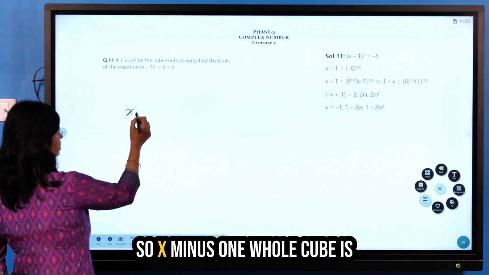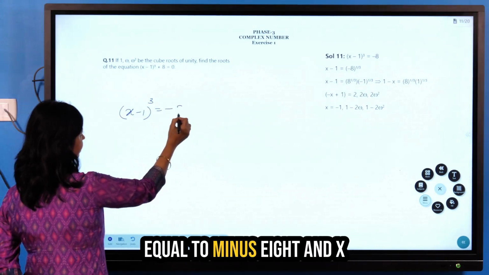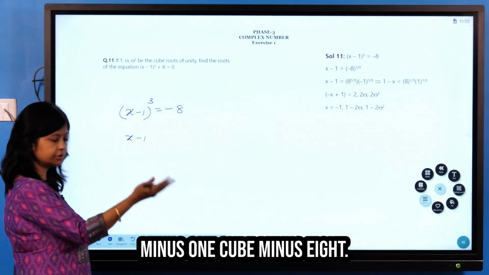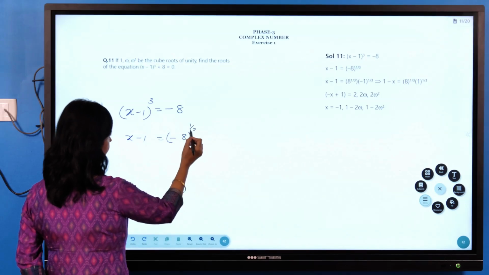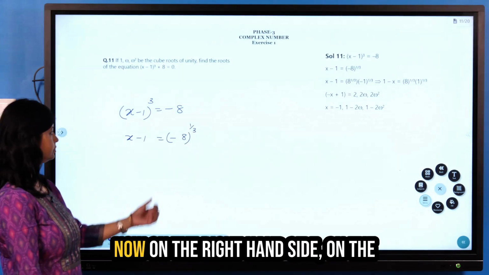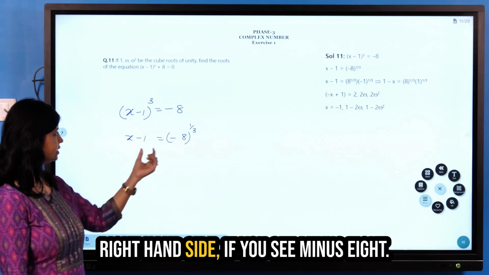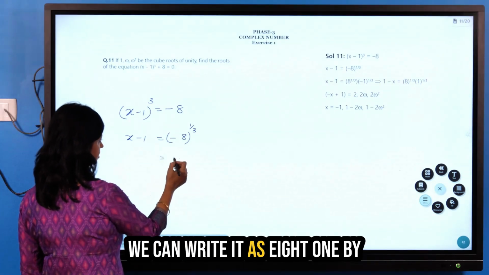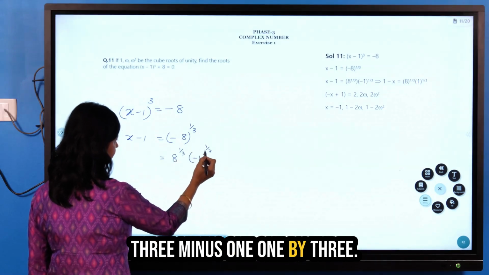So (x minus 1) whole cube is equal to minus 8. Now, on the right-hand side, if we see minus 8, we can write it as 8 to the power 1 by 3 times minus 1 to the power 1 by 3.